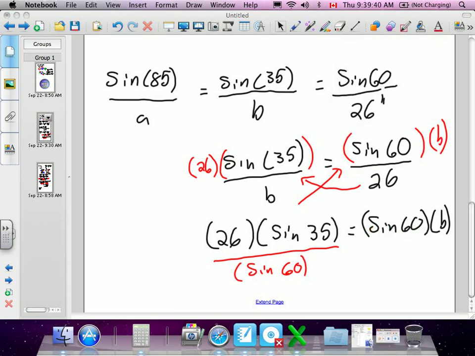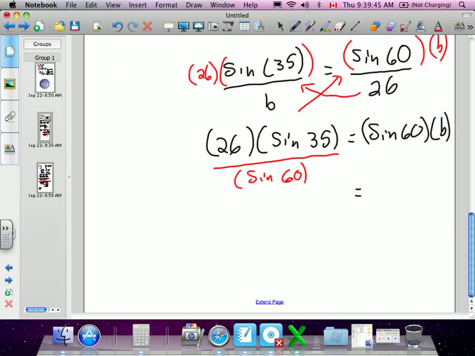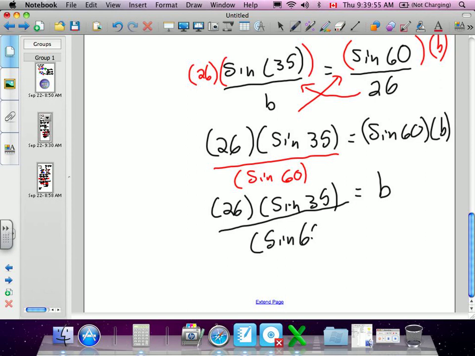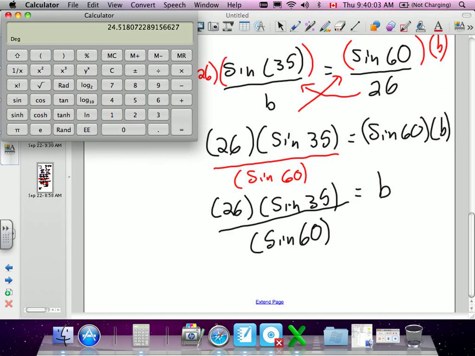So what this will read now is B is equal to 26 times sine 35 divided by sine 60. Now I can do all of these in one step if I like. Take out the calculator. We have sine 35 times 26.